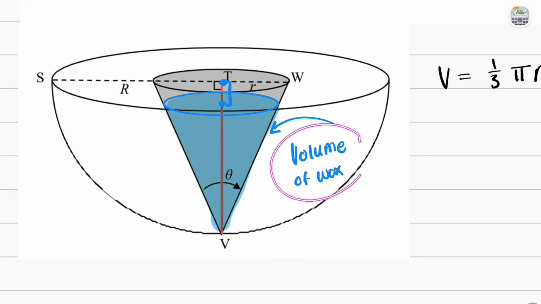But when we're looking at the volume of the wax, the height is different. If this is the wick, and we know that the wax filled inside the cone is 1 centimeter below that wick, then it means that it's 1 centimeter less than this height.